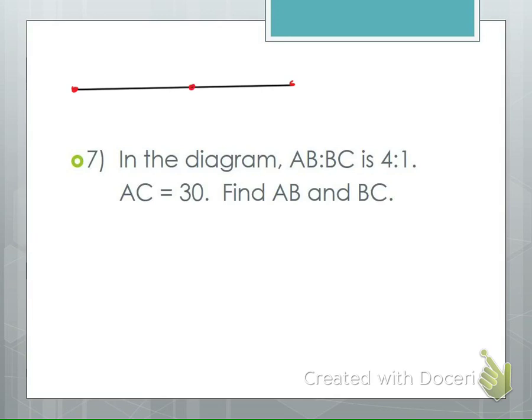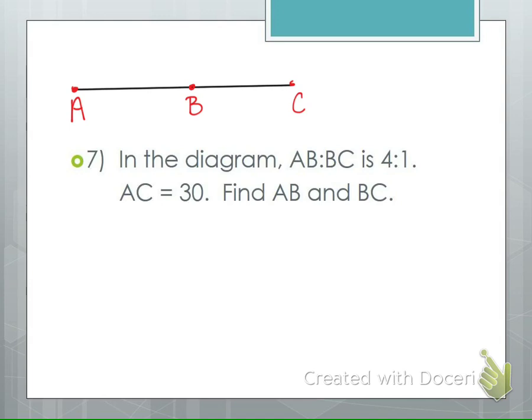So you just need a line segment. It doesn't have to be anything fancy. Labeled with an A, B, and a C. It could be a slanty line, an up and down line, a straight across line. It doesn't really matter. But a line segment, A, B, C.